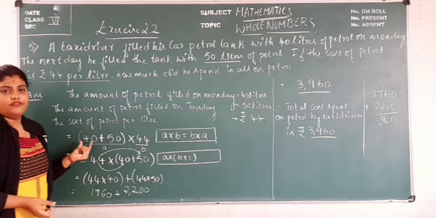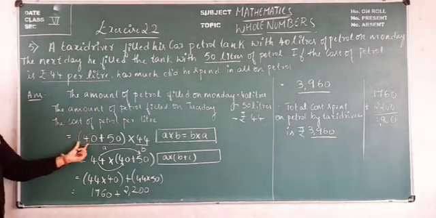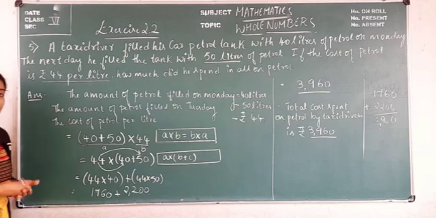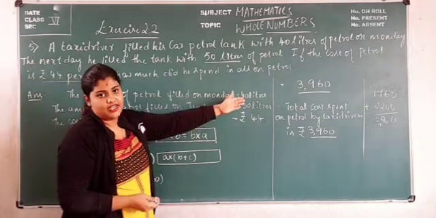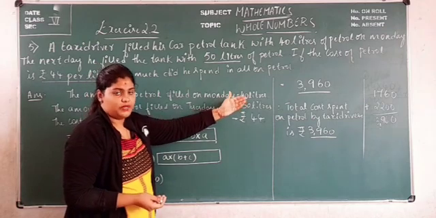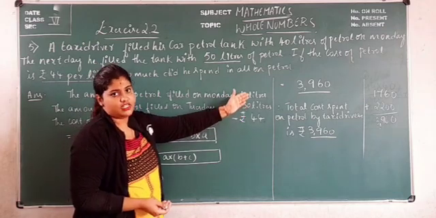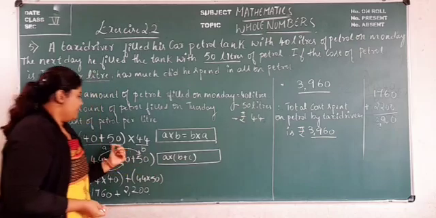So first we have written the given data. Then we are going to find out the total cost spent by the taxi driver on petrol. So first what I did, I just added the amount of petrol refilled on Monday and refilled on Tuesday, that is 40 plus 50 into cost.